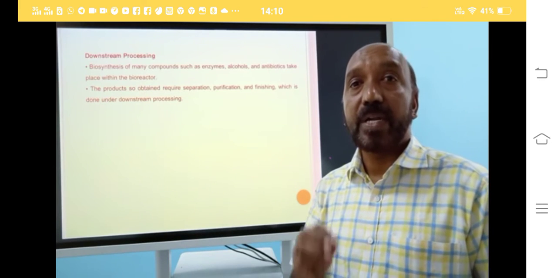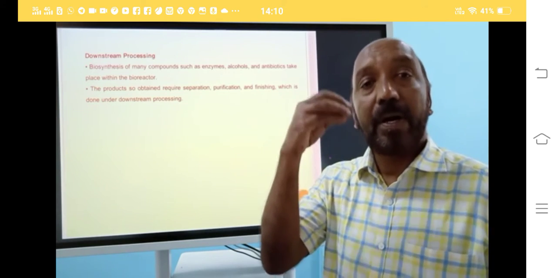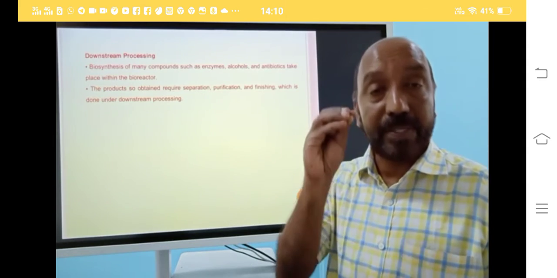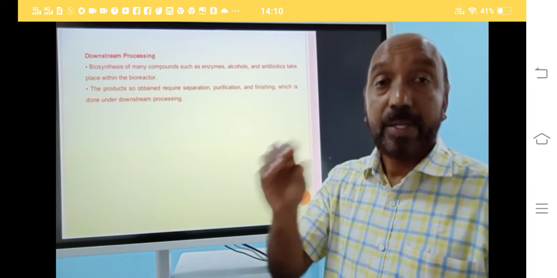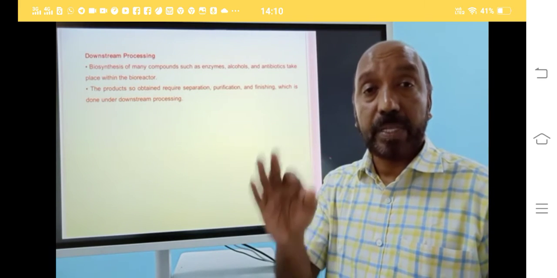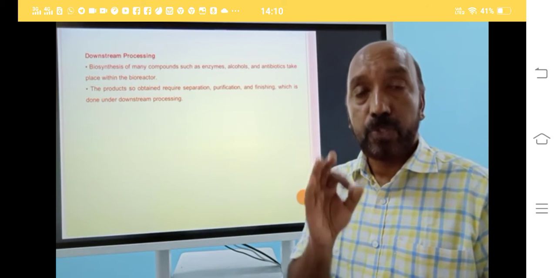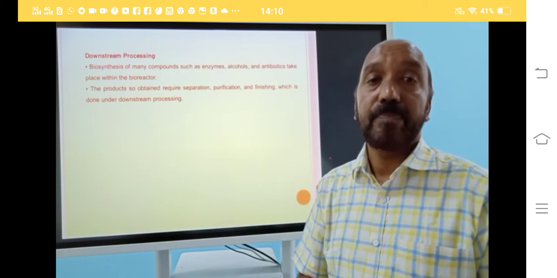In the case of food components, we will treat them with some preservative. At the same time, if it is a medical product, it should go to clinical trial. So thorough clinical trials should be done in the case of a medical product, and if it is a food product, it should be added with a preservative, and only then can we use it. Thank you.